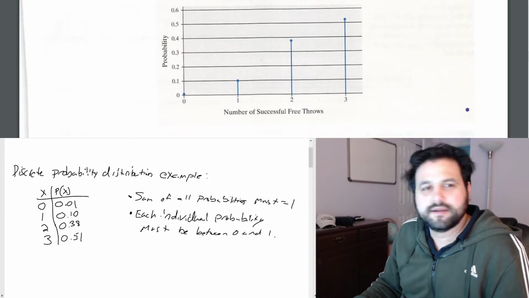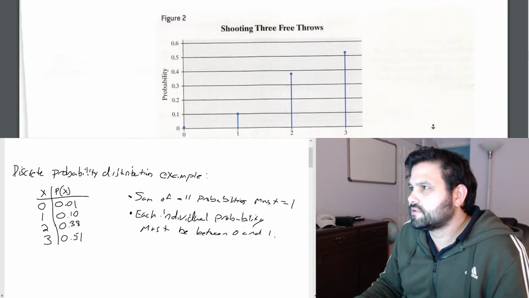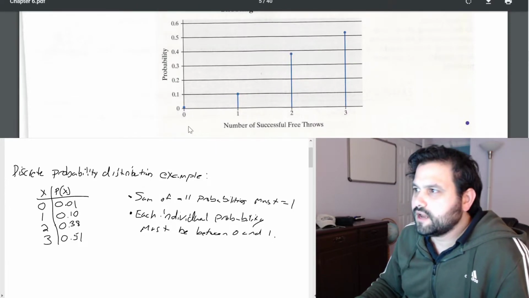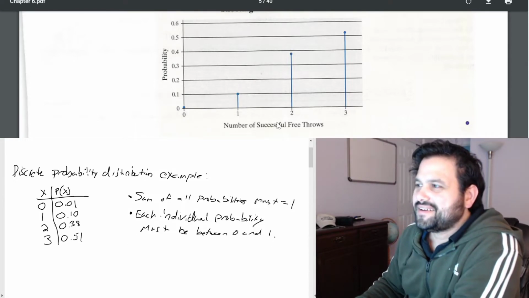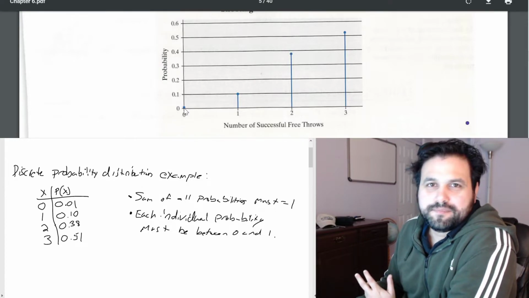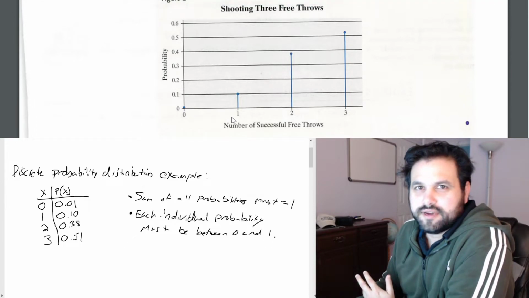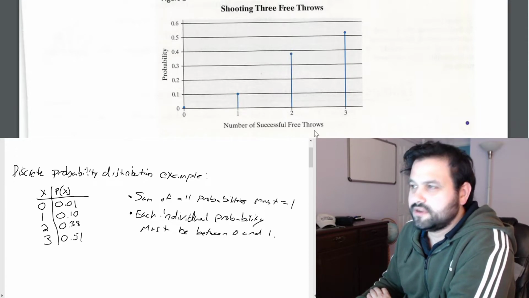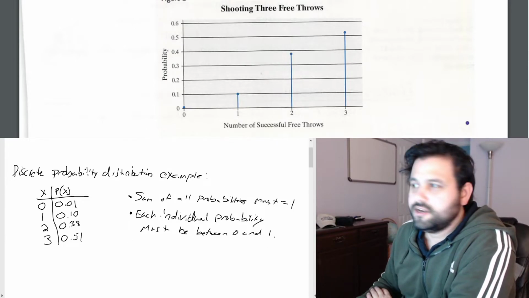So if we can see here, we've got our free throws example, and we just plot the individual outcomes on the X and the probability on the Y. It's kind of like a point because it's discrete. So there's nothing in between, right? There's nothing happening between 1 and 2. It's just a point at 1, a point at 2, a point at 3. And it's basically just graphing this little table we made in our notes. Okay?